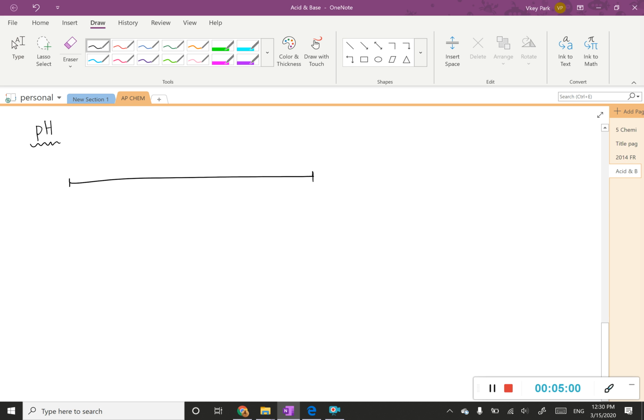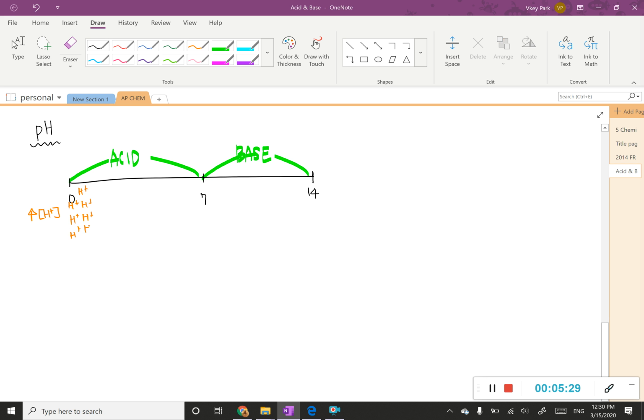And we have a scale that runs from 0 to 14, with 7 being neutral. Obviously 0 to 7 is acid, and 7 to 14 is base. The closer you are to 0, it just means you have very high concentrations of protons, lots and lots of H pluses.